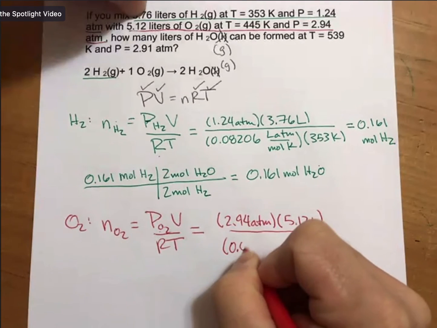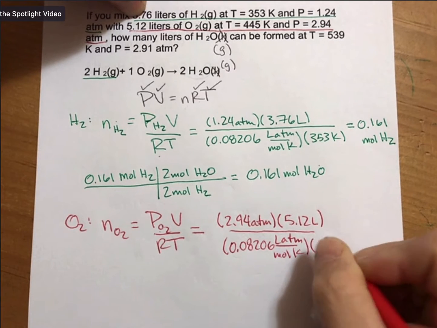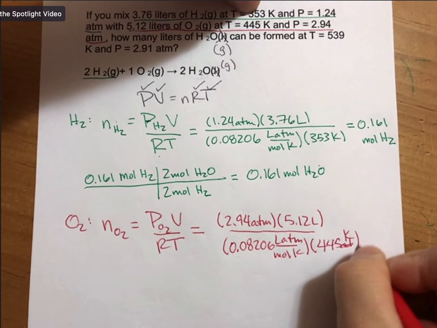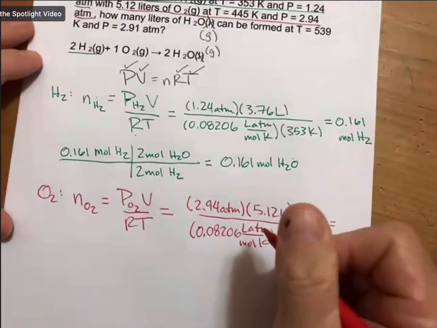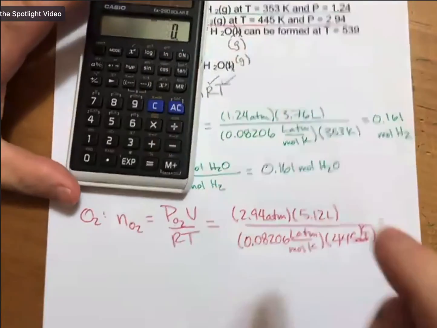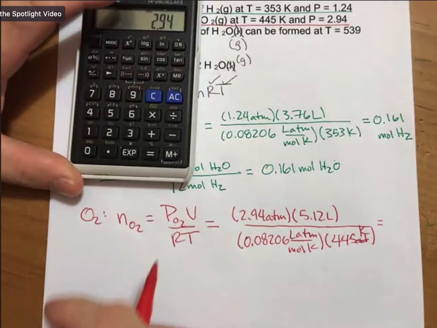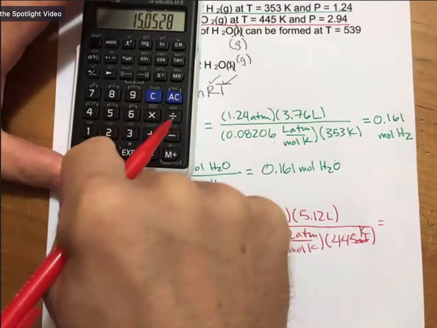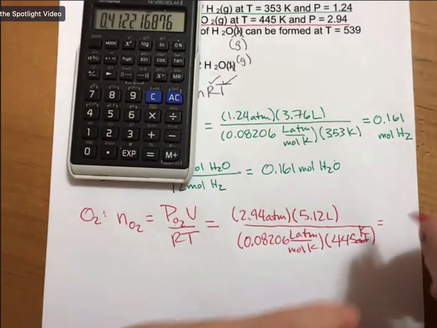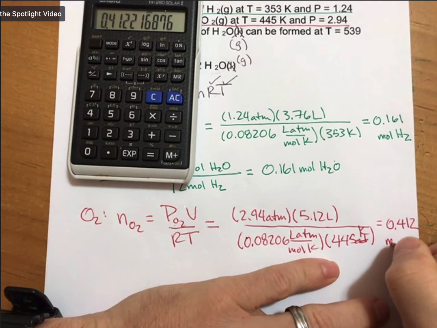R is the same. T is 445, and that's Kelvin. And then I can multiply all this out. 2.94 times 5.12 divided by 0.08206 divided by 445. 0.412 moles of O2.